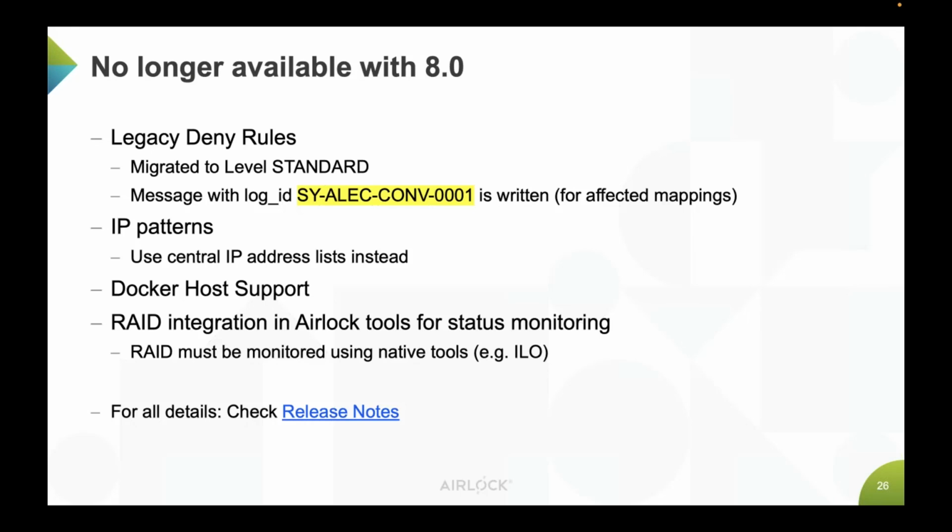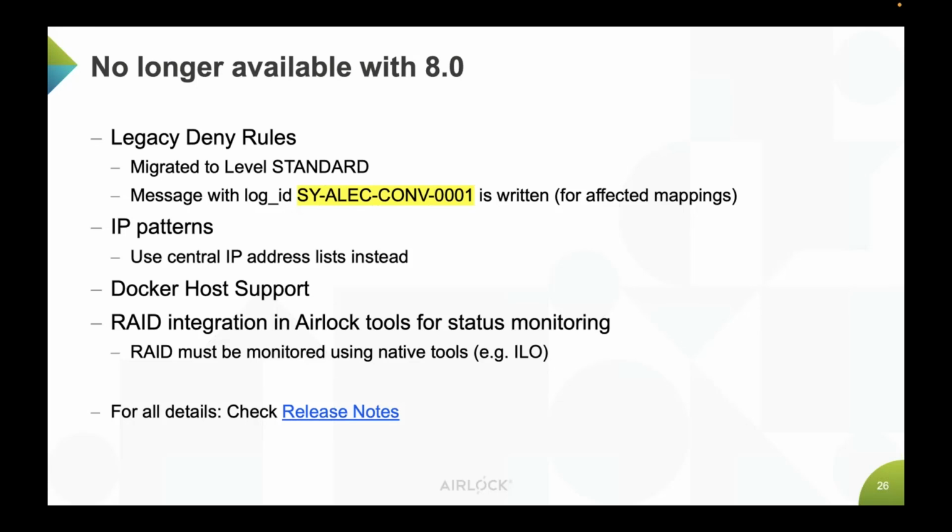And IP patterns have been removed. Here we recommend to use the central IP address list feature, which we have seen in Mike's presentation. That can also be used in AnomalyShield traffic matches. Localhost support, if you don't know what that means, it's okay, it's gone now anyway.